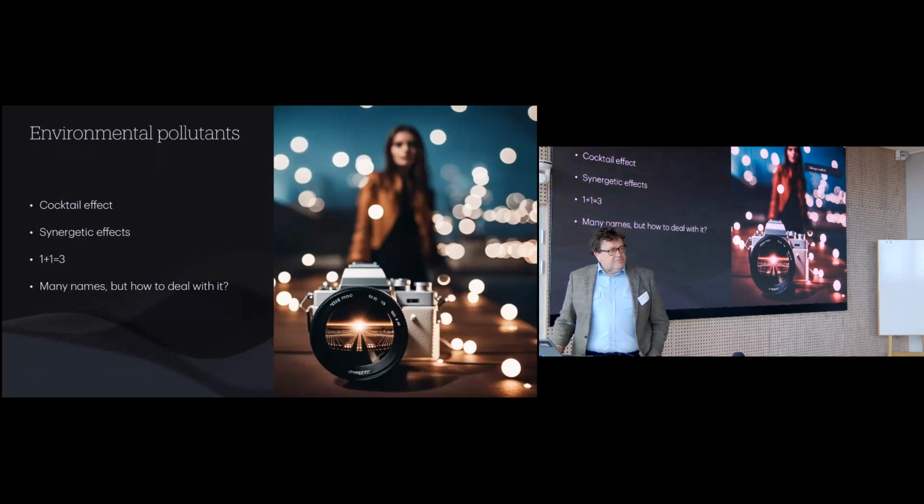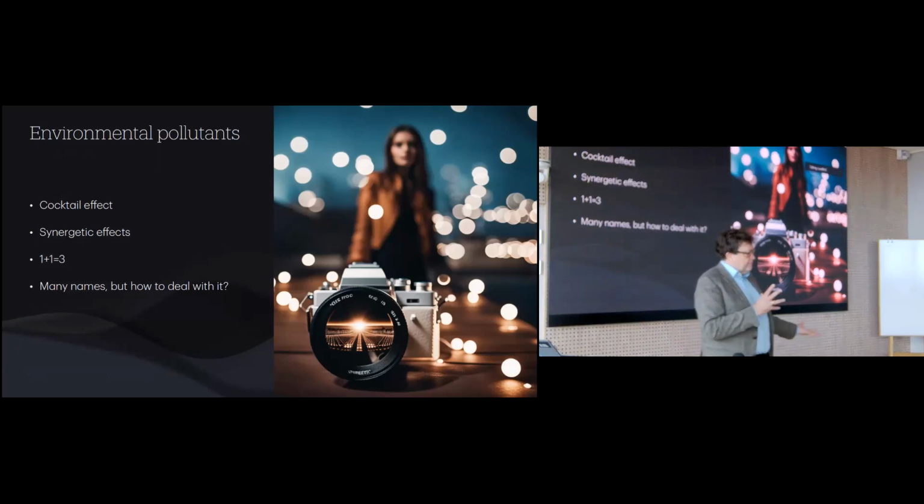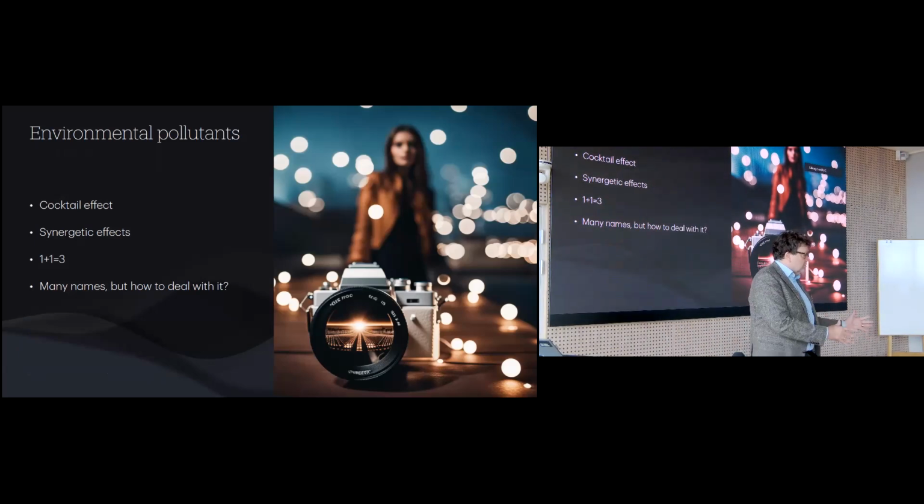We have heard some talks about environmental pollutants and how we can talk about that when it comes to uncertainty, especially when we have nonlinear effects, sometimes called the cocktail effect. What are the limits of this kind of poison in this water and that? Well, that's fine. So we have a long list of hundreds of these different compounds. But what happens if you put them together?